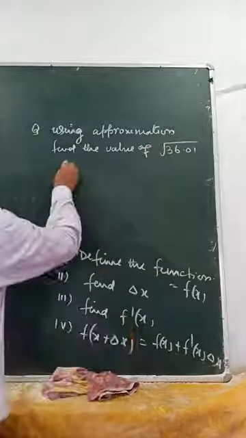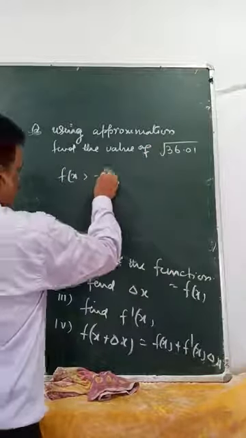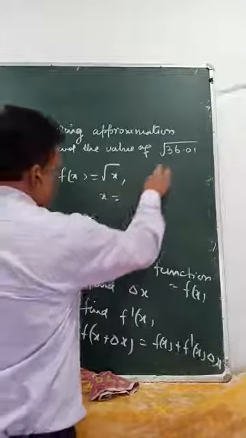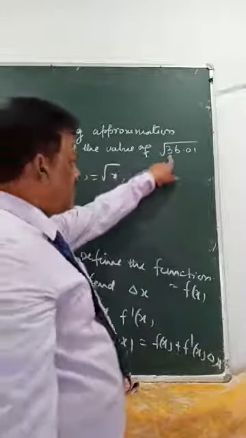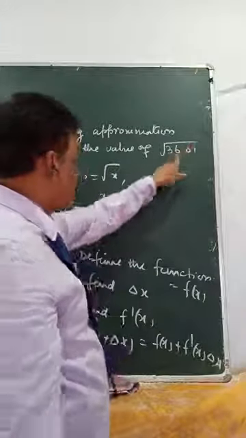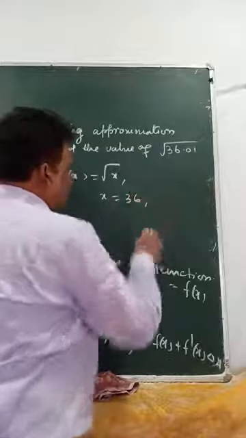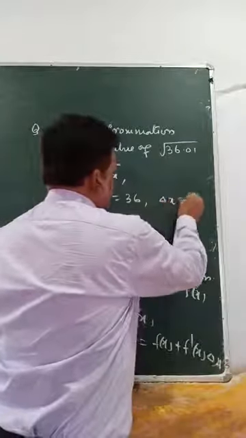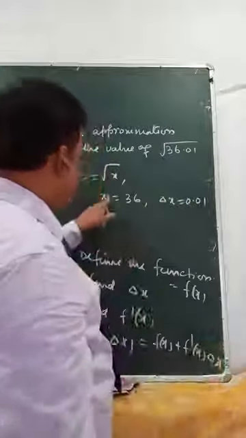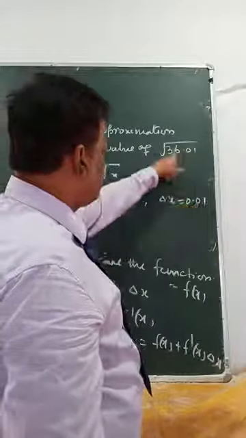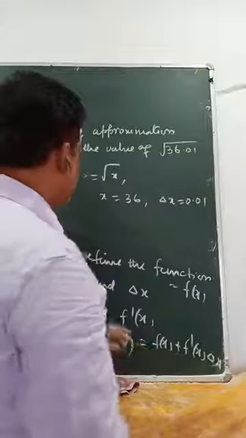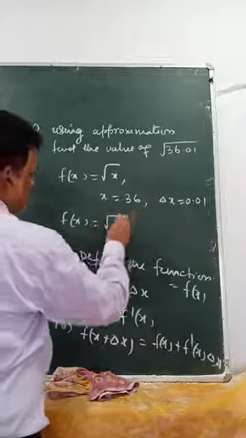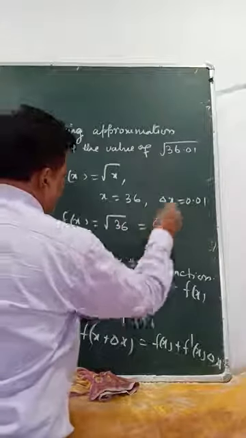So first you write f(x) is square root of x, where x will be the nearest number whose square root you can find out, which is 36, and from here you find delta x, that is 0.01, so that x plus delta x becomes 36.01. Then what is your f(x)? The root of 36, that is 6.